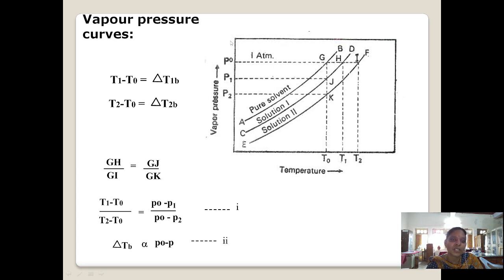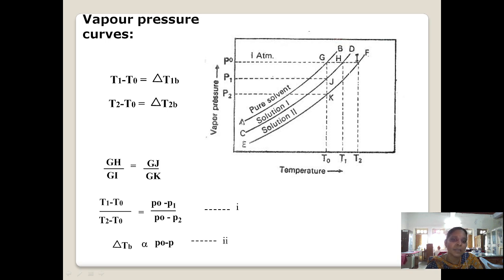This is the vapor pressure and this is the temperature. This is the vapor pressure of the pure solvent and its boiling point is T0. In the pure solvent case, the relation between vapor pressure versus temperature is like this.